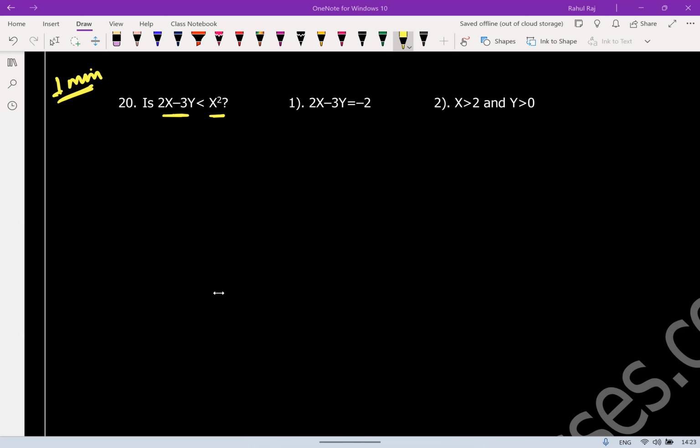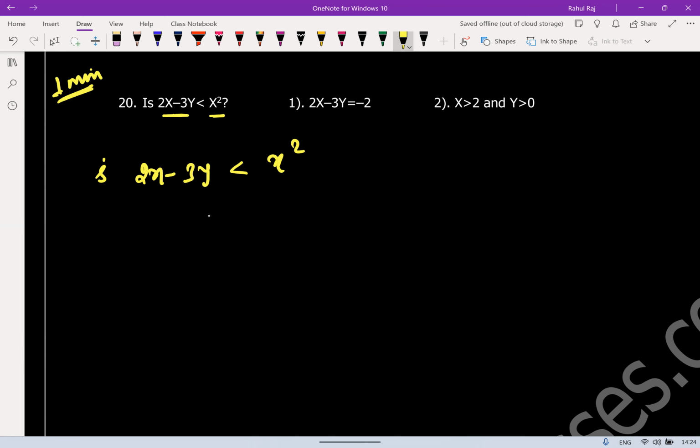Sapna, any answer? Yes, D. I'm still doing it, so check over here. It says 2x minus 3y. Gray, what is your answer? So simple. The question is very straightforward. I was just trying different values to be sure. Yeah, and it's D.